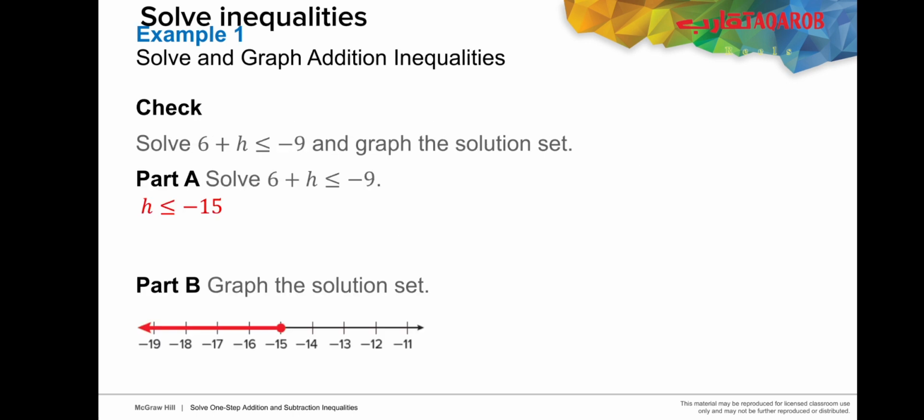Let's solve the last problem, the last example. We will solve it here now, then we will continue together in the class. Now, solve and graph. 6 plus h is less than or equal to -9. Notice it's less than or equal. So all I have to do is ask myself, is 6 added to h or subtracted from h?